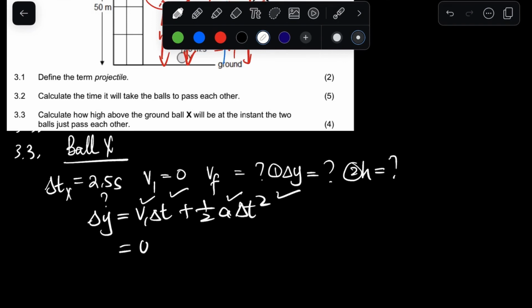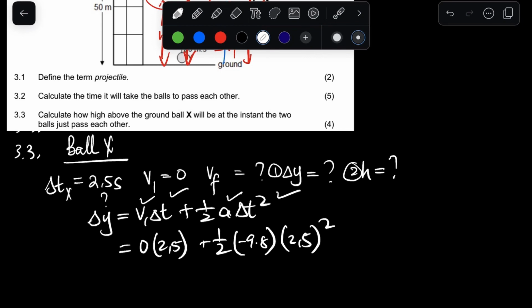So the initial velocity is 0 and the time is 2.5, and half, and the acceleration is negative 9.8 because we chose up as positive, and the time is 2.5 squared. So when you punch that in the calculator, you get the answer.